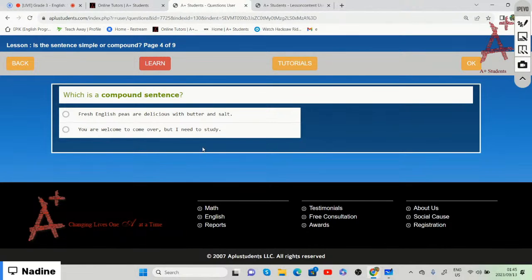Remember, a compound sentence is two simple sentences joined by a comma and a conjunction, either and, but, or so. So which is a compound sentence? We will say it is the second option. You are welcome to come over, comma, but I need to study.